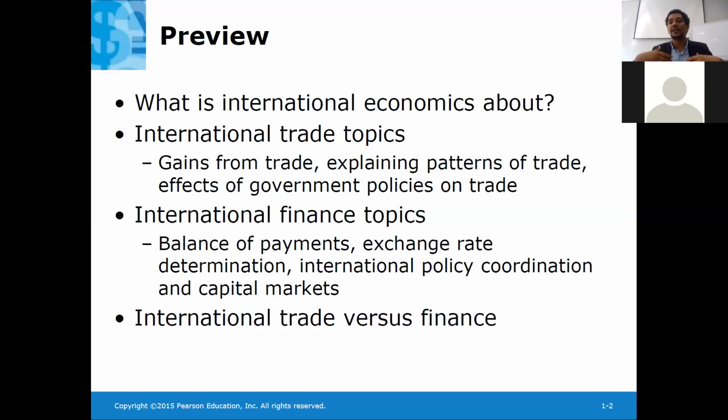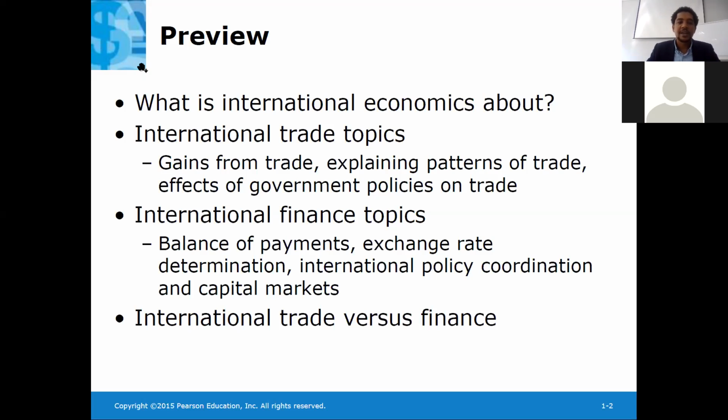Businesses or firms are in trade because they want to make a profit, unless they are non-profit organizations. So the motive of individuals or firms to engage in international trade is the same. That's why the economic principles that work for domestic or other branches of economics hold true for international economics also, right? So these are the 7 themes that reoccur in international economics and other branches of economics.